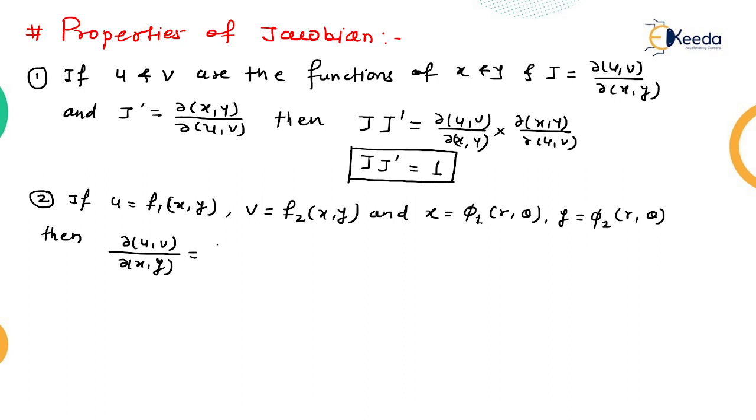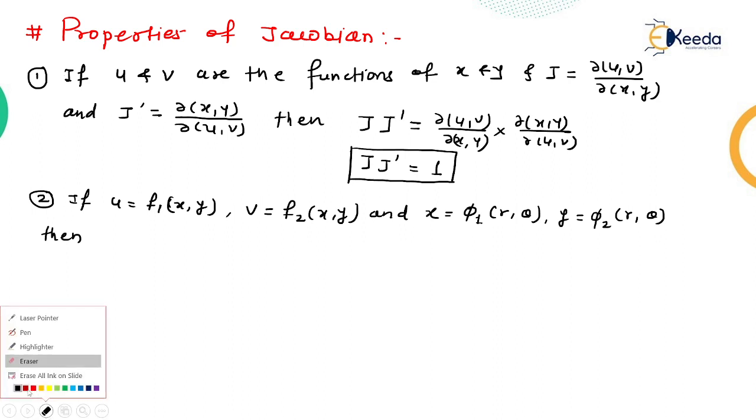Let's see what I am writing here: ∂(u,v) upon ∂. First, you see here, u and v are functions of x and y, right? And x and y are functions of r and theta. So by the definition of composite function, you know very well, you just write down here, u is a function of.